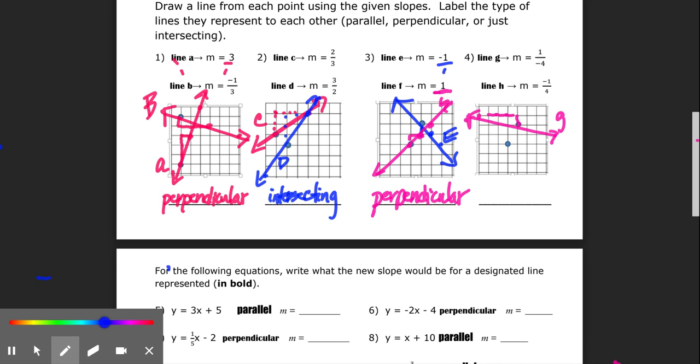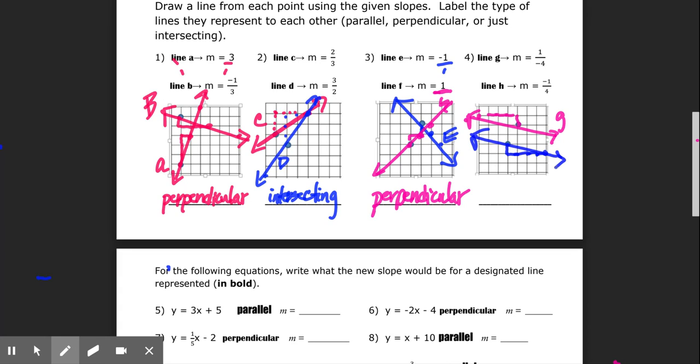And then line H, we're going to go down 1, right 1, 2, 3, 4, and that's all we're going to get there. All right, and you can see that they do look parallel.